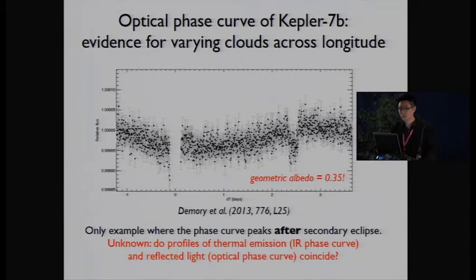This wasn't clear. We tried to get thermal phase curves using Warm Spitzer, but we only got upper limits, I believe. And so this question is open, but a very robust indication that clouds are present in the atmosphere is if you get both optical and infrared phase curves, and you look at how reflected light and thermal emission are varying across the longitude of the planet.